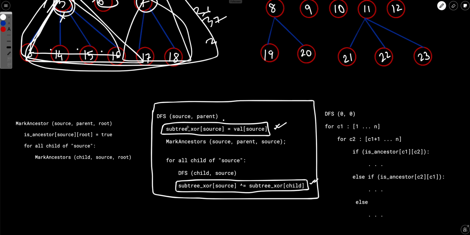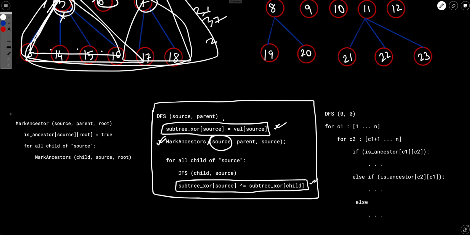And if you remember, we also need to find out whether A is ancestor of B or not. So that's where we are doing mark ancestor. We iterate over this entire subtree starting at source and mark this source as ancestor of every one of its children.